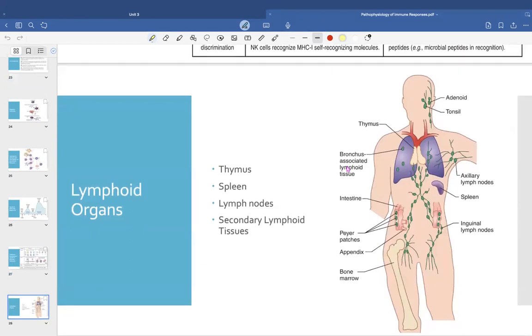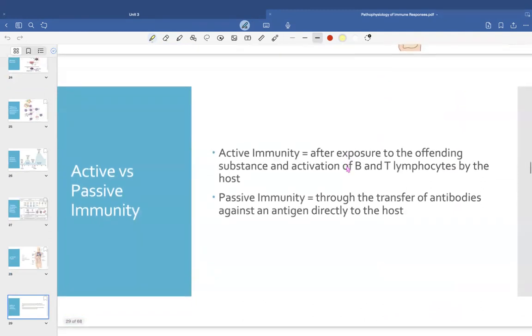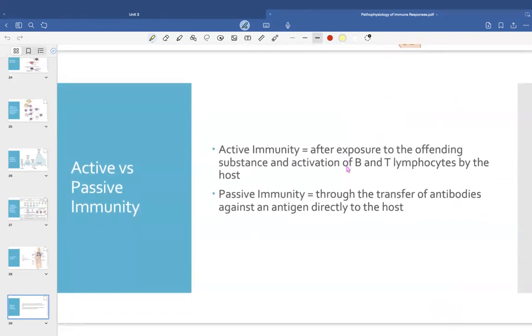As far as active versus passive immunity, this is an important concept. You're going to hear it in emergency medicine. I want to make sure that you understand it. Some got it in the summer and some didn't, so I'm revisiting it. Active immunity is your immune cell saying, I've seen you before and I'm now producing antibody because I recognize you.